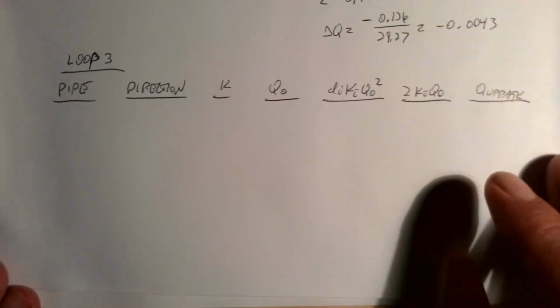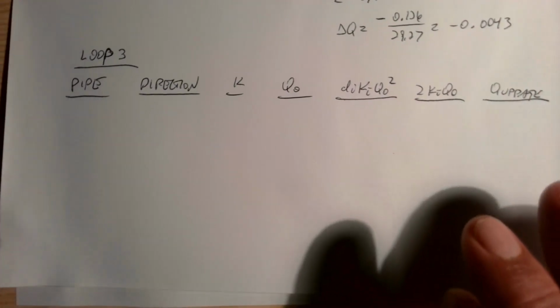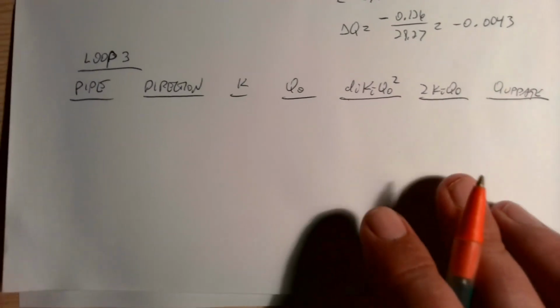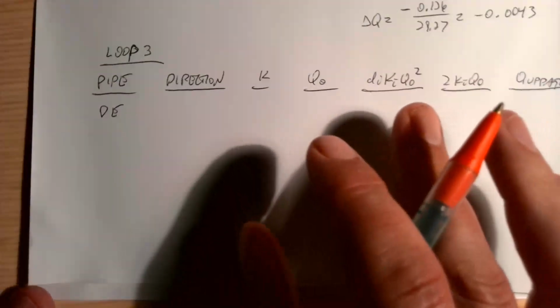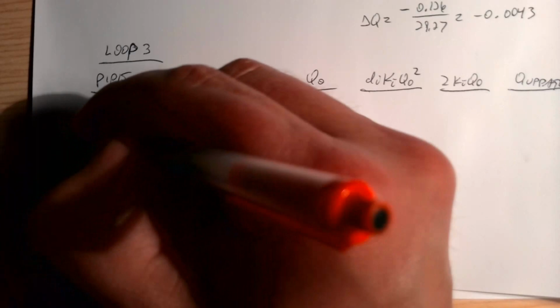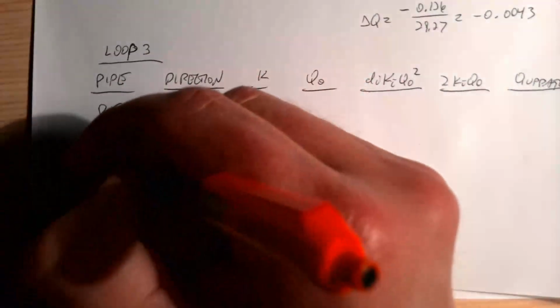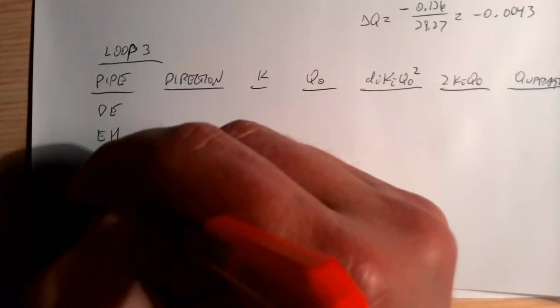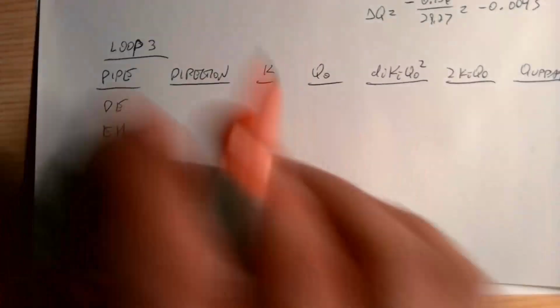Okay. So for loop 3 here, we have pipe DE, and then EH, and then GH, and then DG.